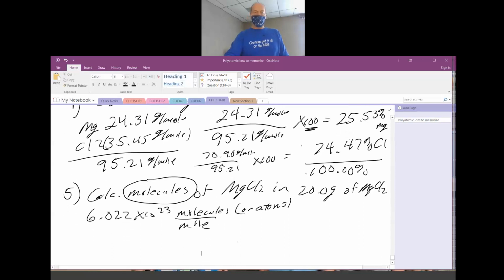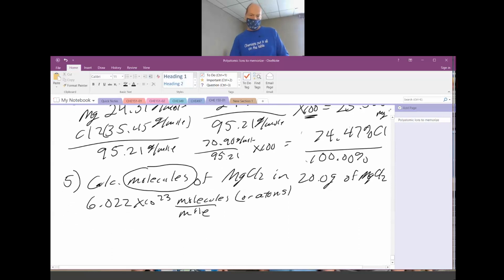When you have 20 grams of MgCl2, and we just did the molar mass, which is 95.21 grams per mole, you can convert grams into moles, and then moles into molecules.